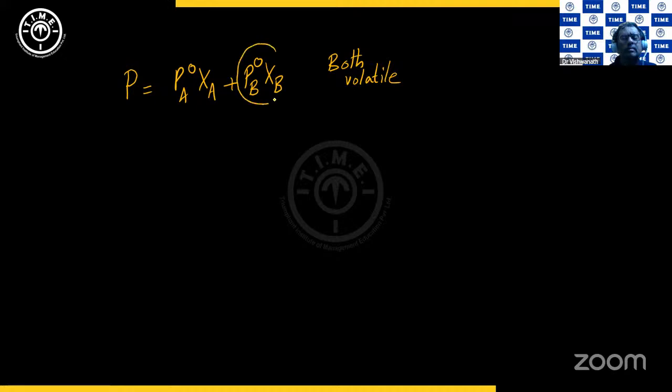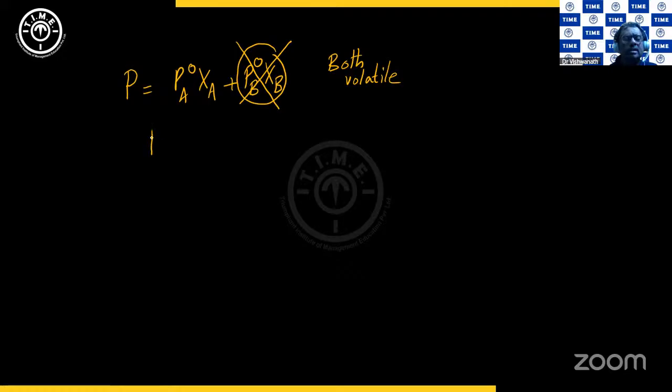Now, we took Raoult's law as P equals PA naught XA plus PB naught XB. Right? This was for both components volatile. It was a solute and a solvent. But now we will not have this. This is no longer there.